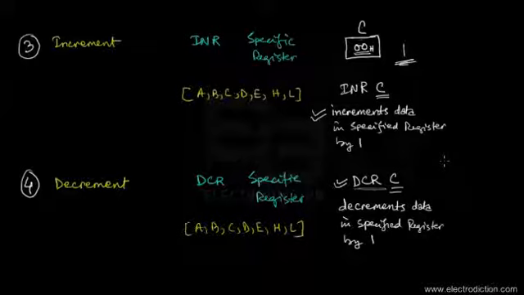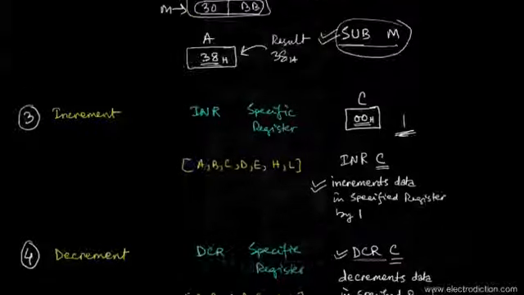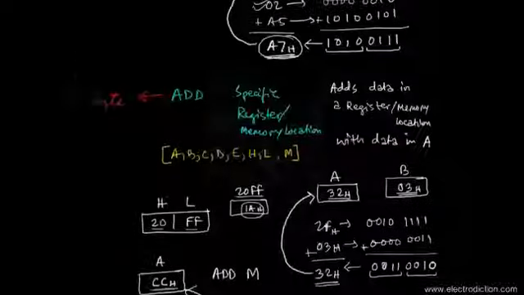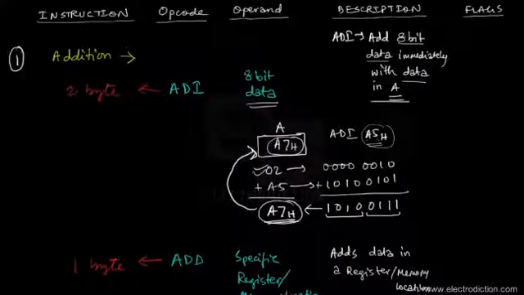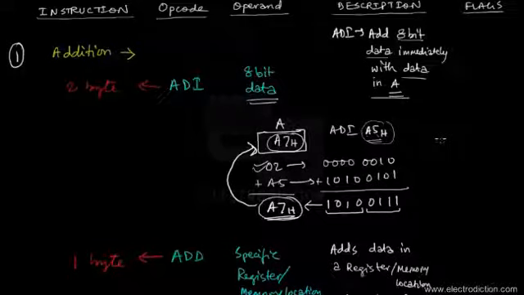Now all these instructions that we have just discussed, whenever they are used to operate on data present in the accumulator, all of them affect the flag bits in the flag register.